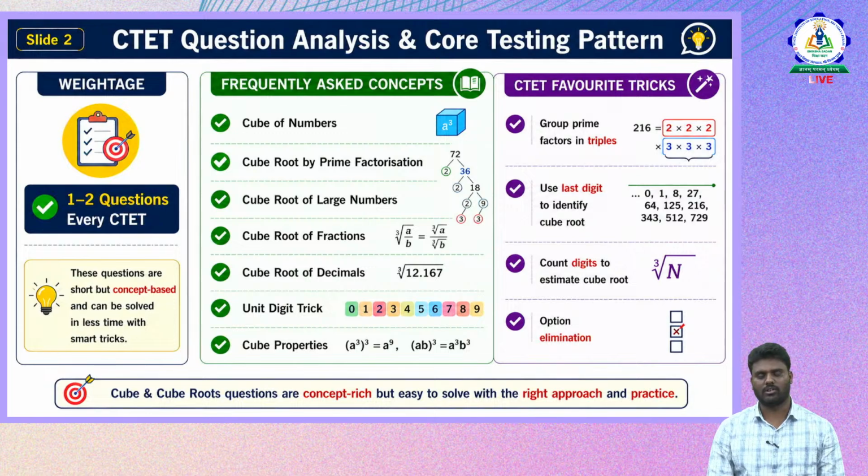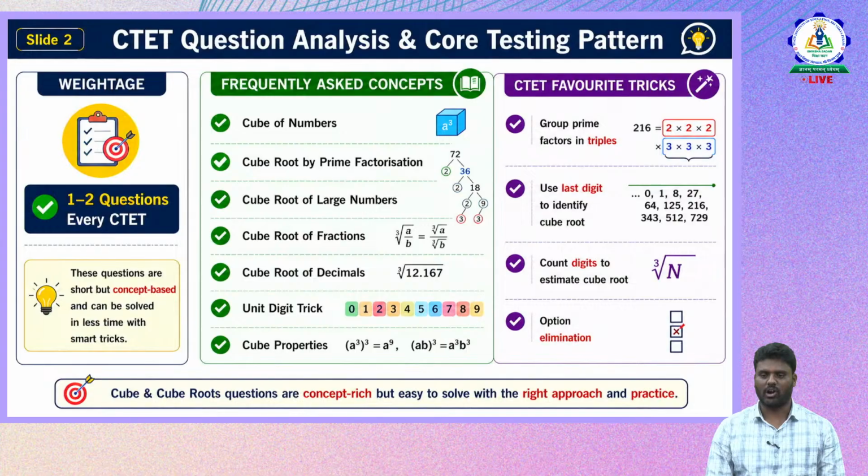Since we are talking about the concept of the cube, we represent the factors in the form of triplets. Then use the last digit to identify the cube root. Whenever they ask you to identify the cube root, check with the last digit, whether it is forming the cube root.